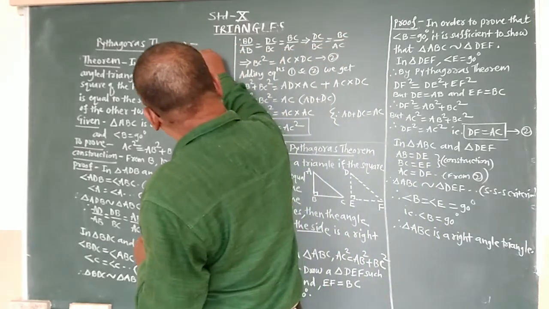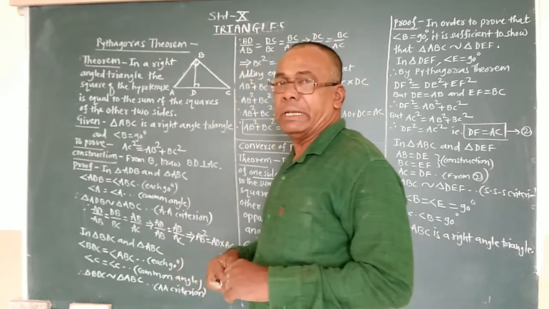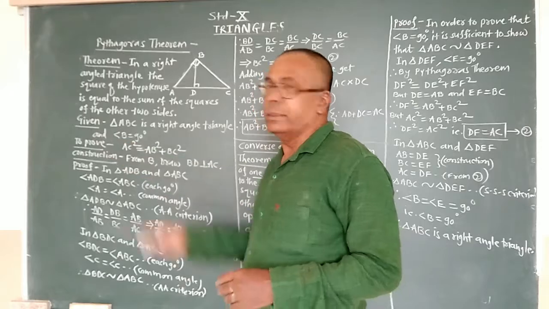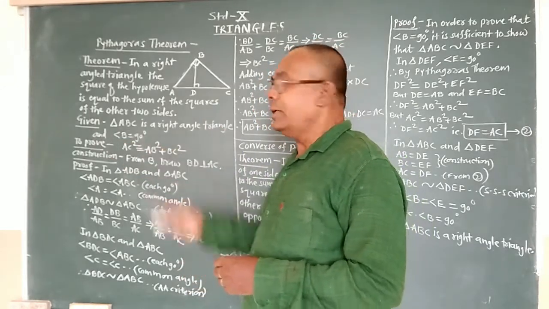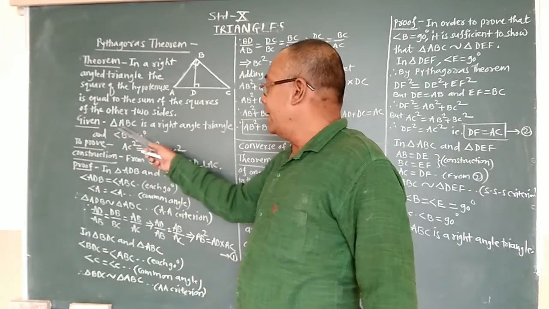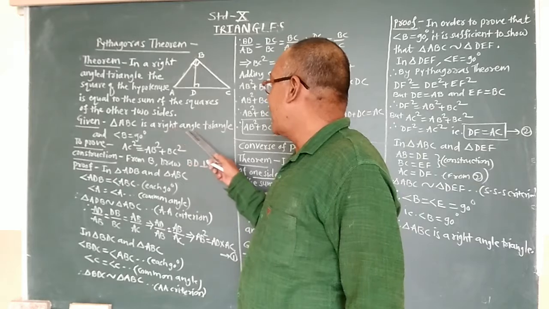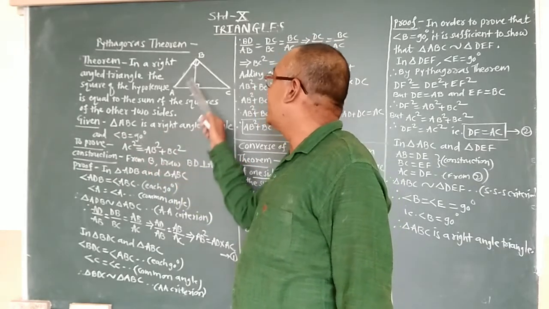So to prove this theorem, first of all we will write given, means the information of the figure. Here triangle ABC is a right angled triangle and angle B is equal to 90 degree.